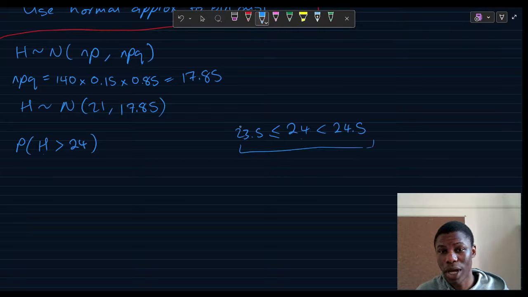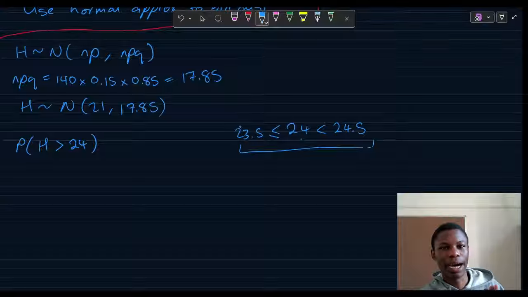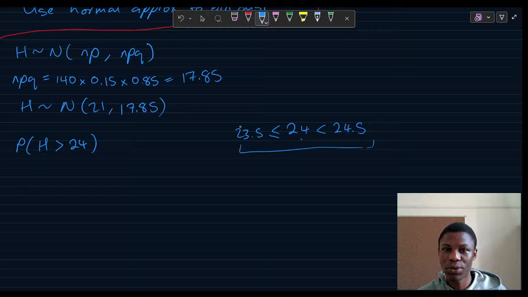So if I'm saying 24 in the context of a normal distribution, I mean any number from 23.5 to 24.5. If this was discrete, 24 means exactly 24, and 23.5 is different from 24 if we're talking discrete conditions. But under continuous conditions, 24 represents any number from 23.5 to 24.5. So I need to factor that in.